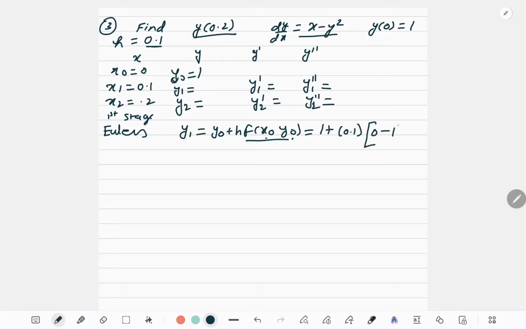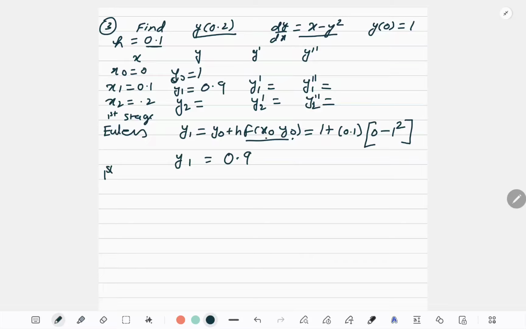So 0 minus 1 square. Correct? So it will become minus 1 into 0.1, that is minus 0.1. And 1 minus 0.1 you will do. So you will get the value of y1. So use your calculator and tell me what is the value of your y1. So you will observe it is 0.9. Okay, 1 minus 0.1 here it will come. So 0.9 will come here.